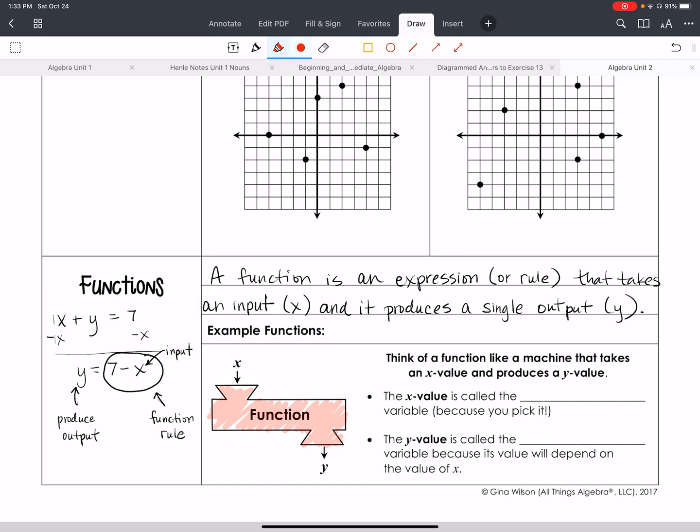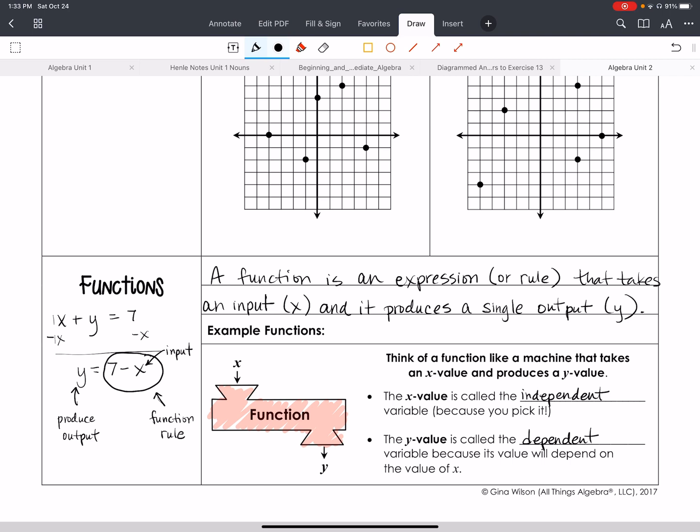So the x value is called the input. We know that already, Mrs. Grace. It's called the input, and that means it's going to be my independent variable because it's the one we get to choose for ourselves. Once I put it into the machine, it's going to spit out a number depending on what the rule is, and that number is dependent on what I put in for the x.